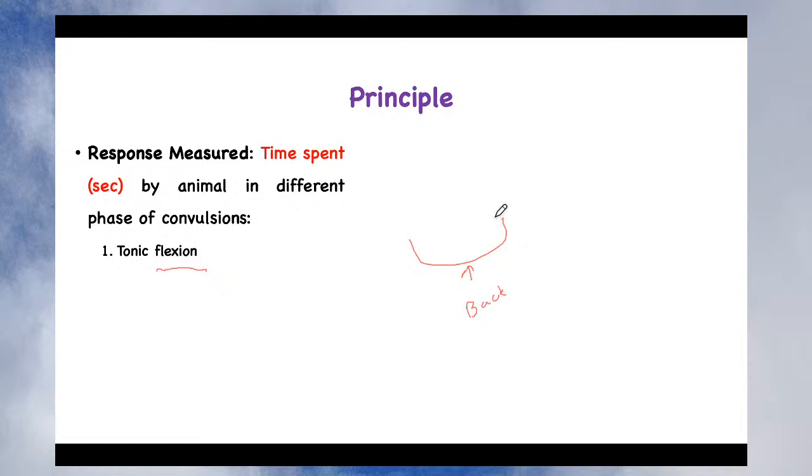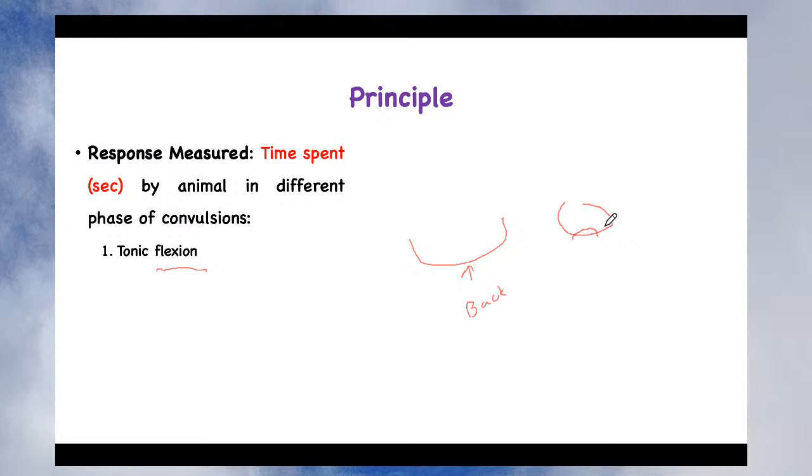When these two paws come closer to each other, if this is the normal body angle, what will happen? The body will bend something like this, and due to that there is a decrease in the angle, right? So flexion is the movement that decreases the angle between two body parts. Here you can see there is a decrease in the angle between two body parts.